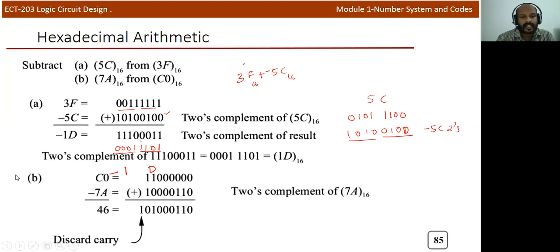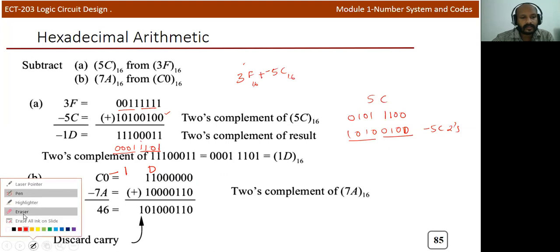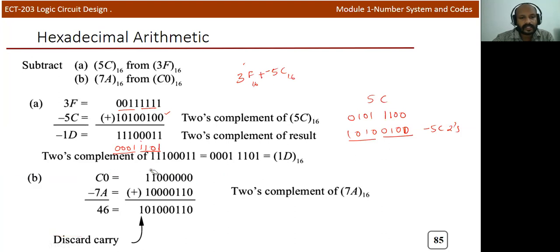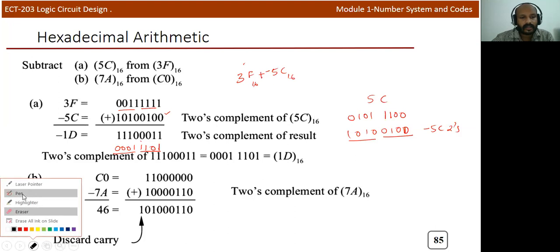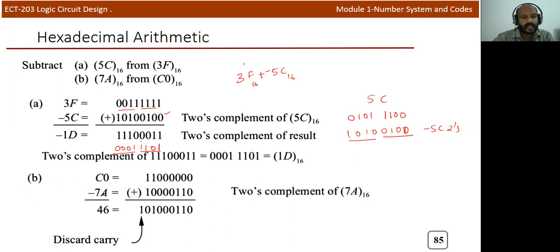Now we'll consider another case. In the second question, it is C0 and 7A. Okay, so again C0 minus 7A can be written as C0 plus minus 7A.